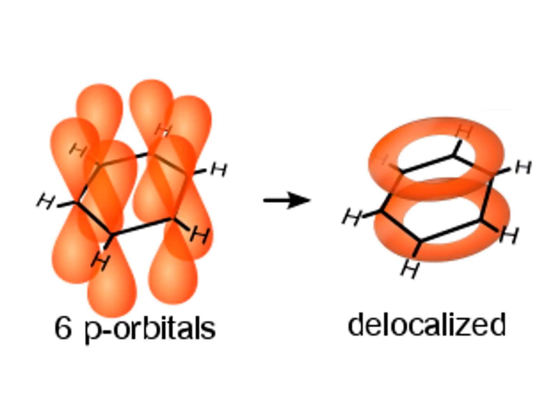Sigma bonds stay the same, but, so here is hexane. So we have all these sigma bonds kind of in the center, same as before, those don't change, but now these p orbitals start overlapping with one another.